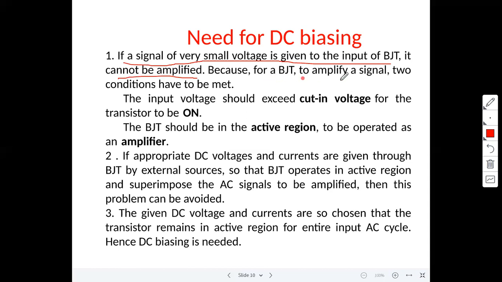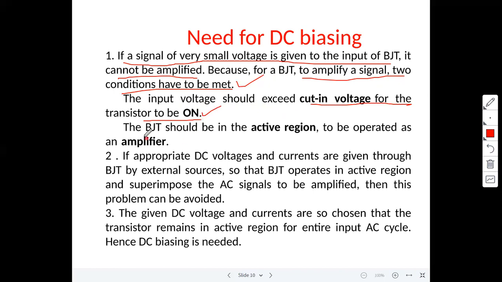for a BJT to amplify a signal, two conditions have to be met, right? What is the first condition? The input voltage should exceed the cut-in voltage for the transistor to be on. So whatever input voltage we apply, that voltage should exceed the cut-in voltage VBE. Then only the transistor turns on, otherwise the transistor stays off.